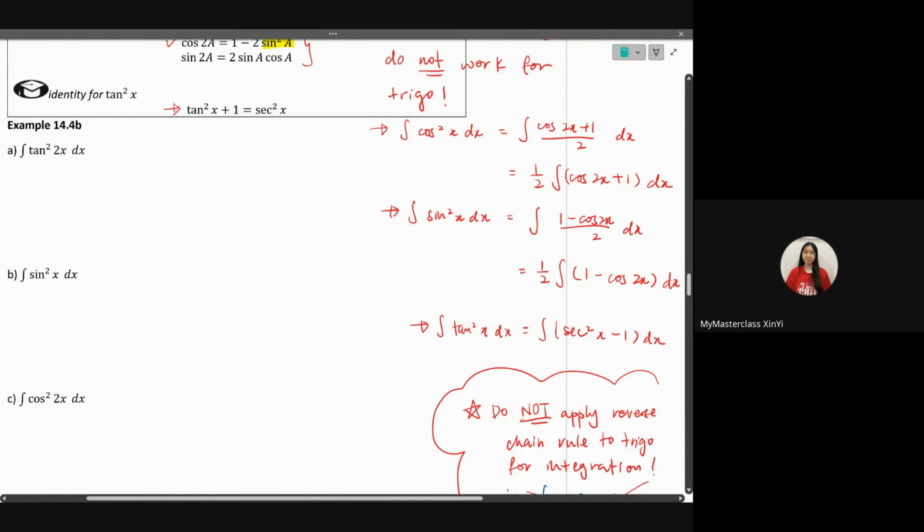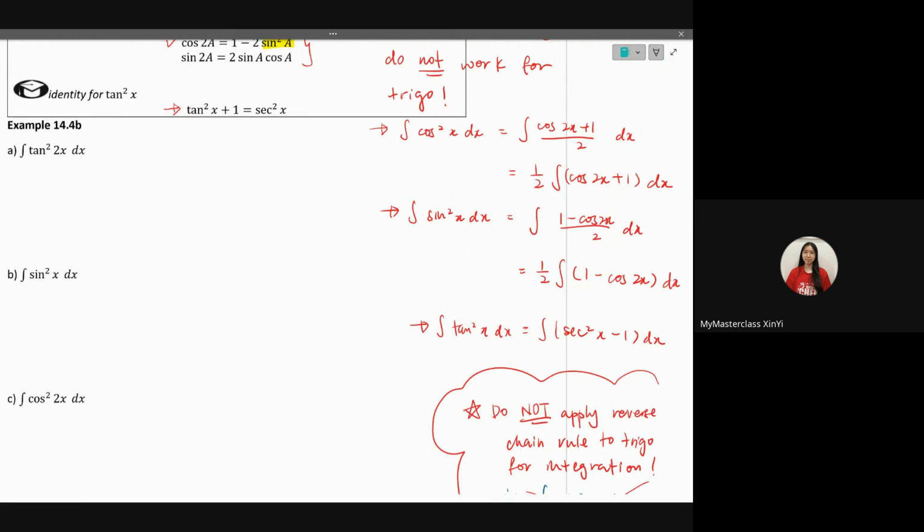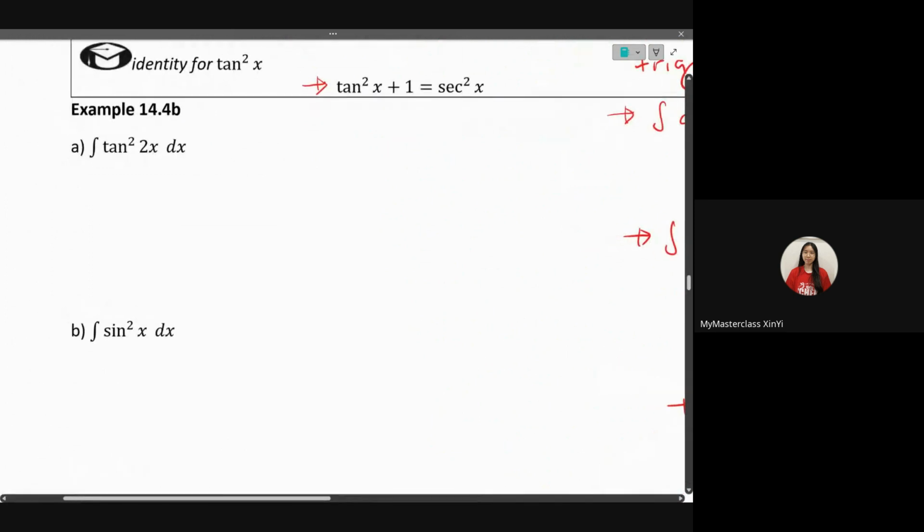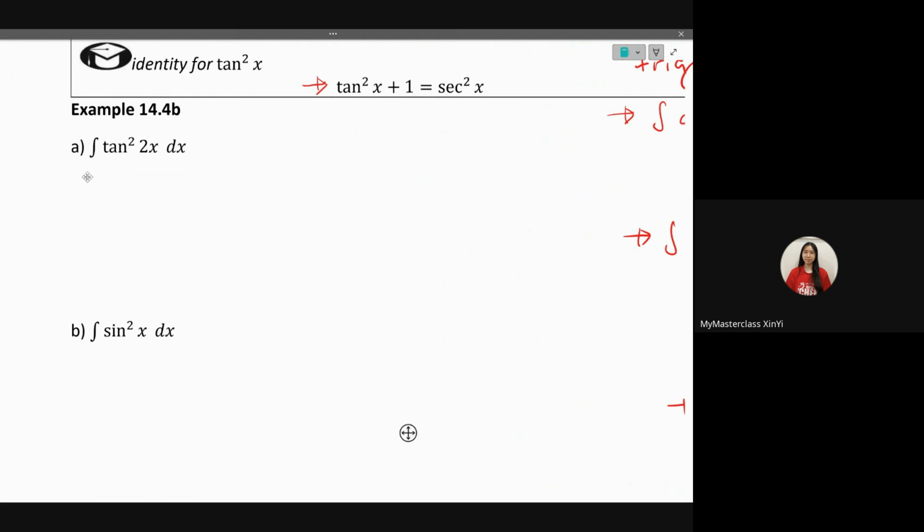Now after talking so much on this, let's do a few examples. When I have integrating of tangent square, remember always use secant square minus 1. So I'm going to change this to secant square 2x minus 1.